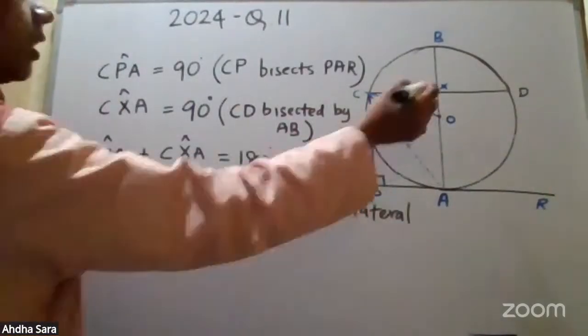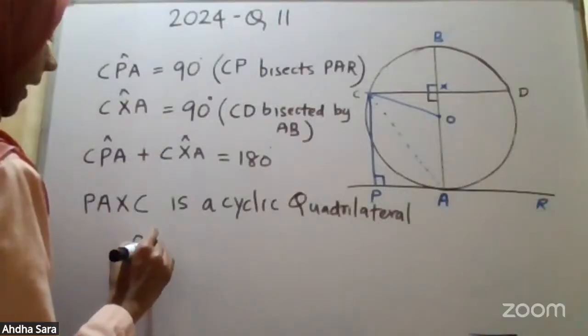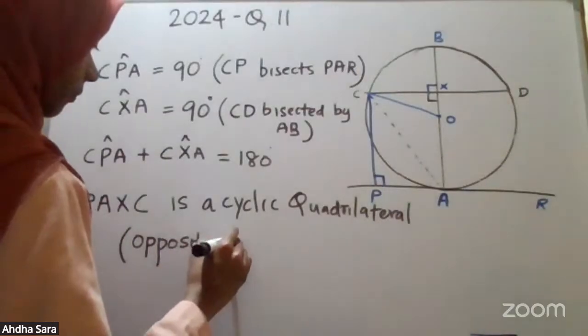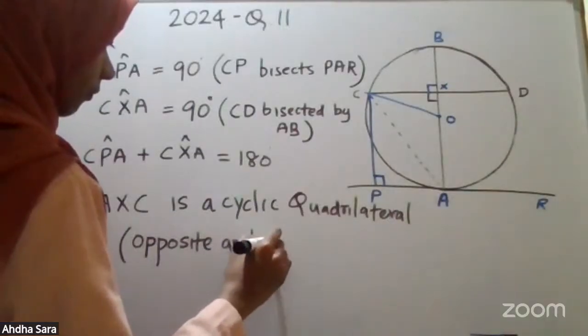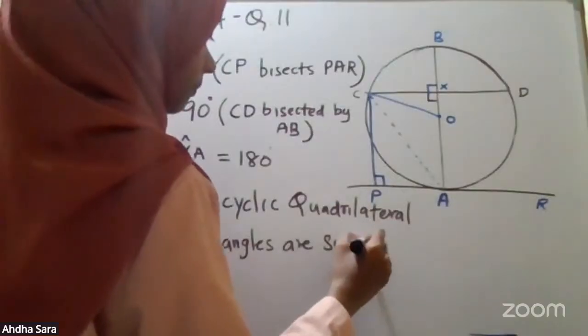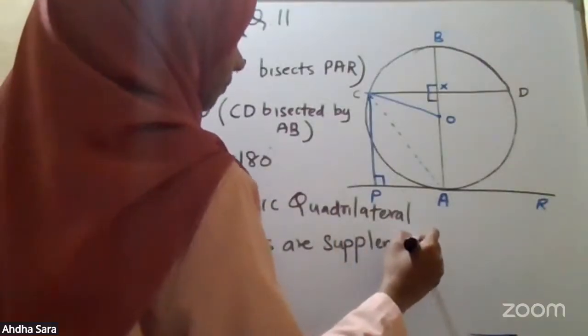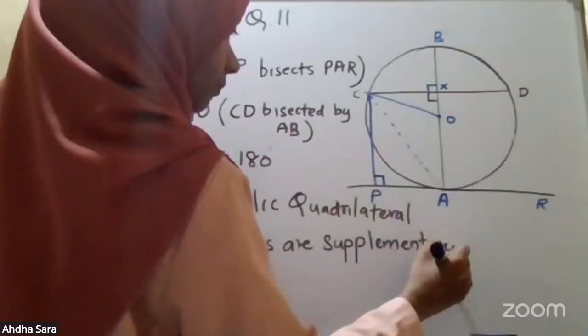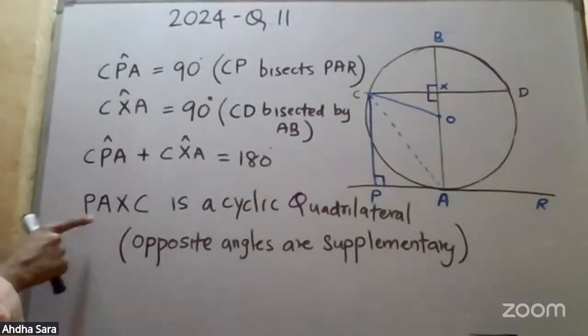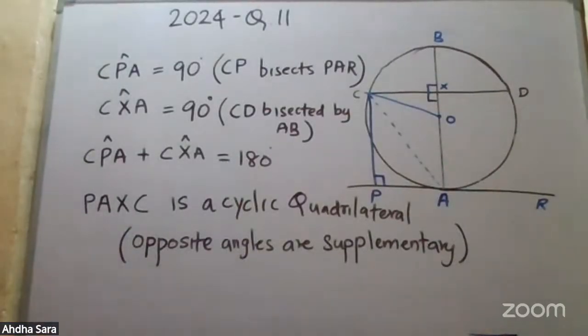The reason is opposite angles are supplementary. So you have proved quadrilateral PAXC is a cyclic quadrilateral.